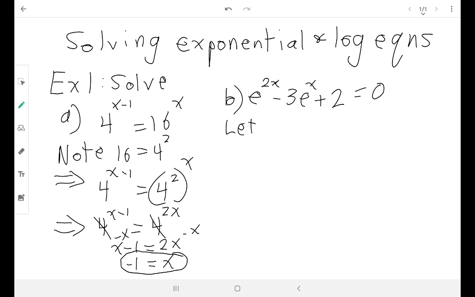I'm going to let u equal e to the x. And what that's going to do is then I'm going to have u to the second, because e to the x squared is e to the 2x, minus 3u plus 2 equals 0.